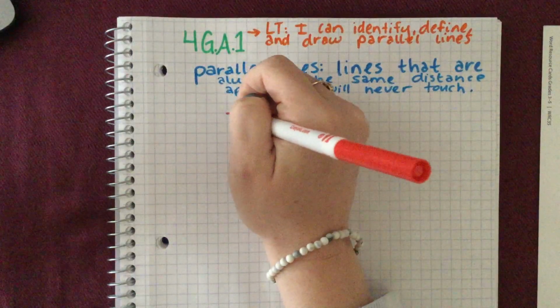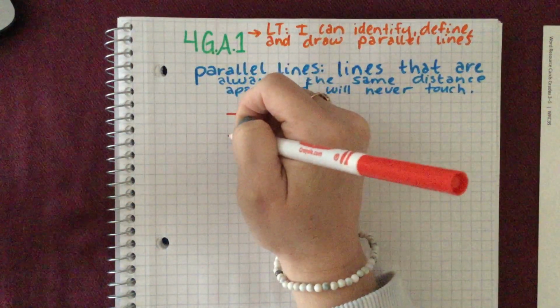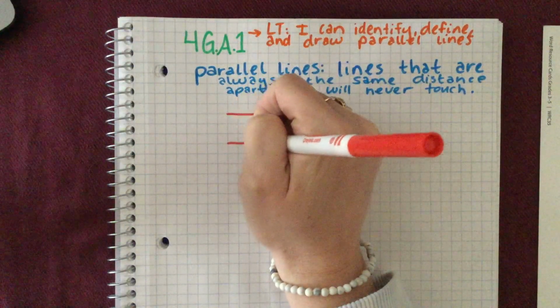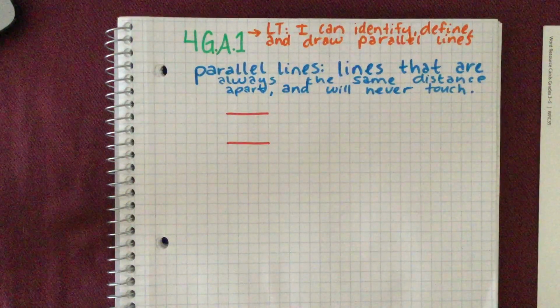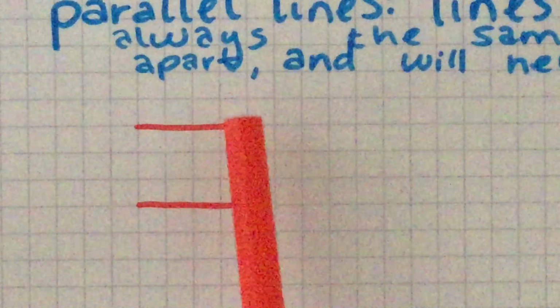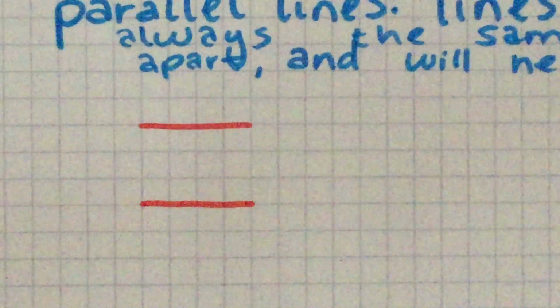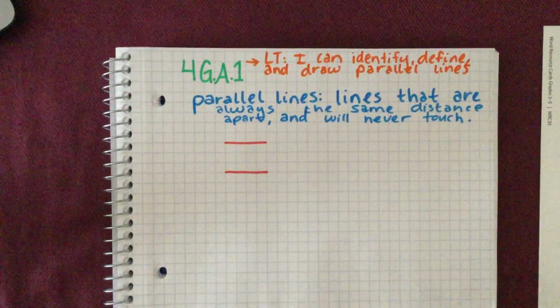So I'm going to draw a line this way. And then I'm going to draw a line down here. If these line segments followed this the entire time, would they ever touch? No, they would not.